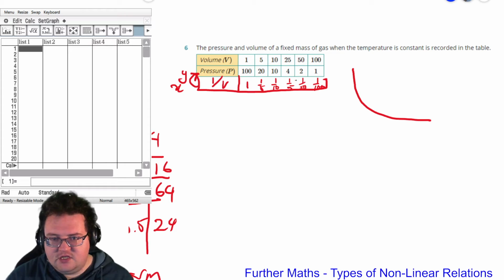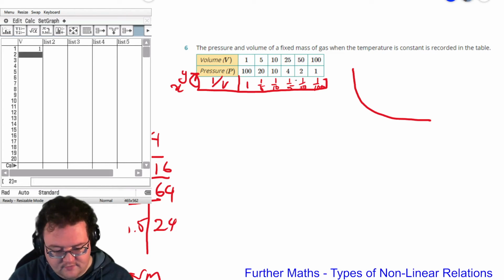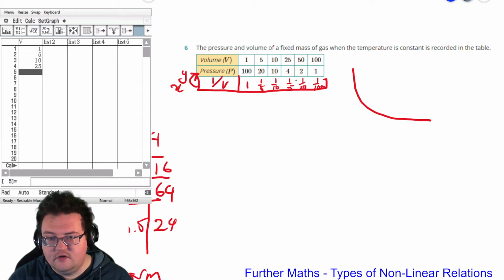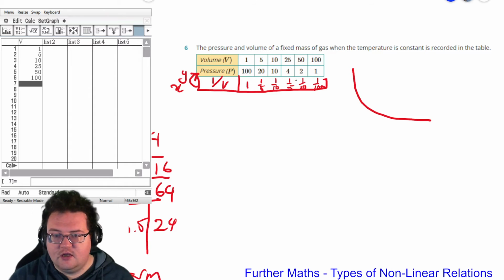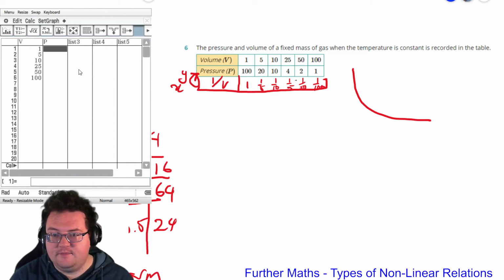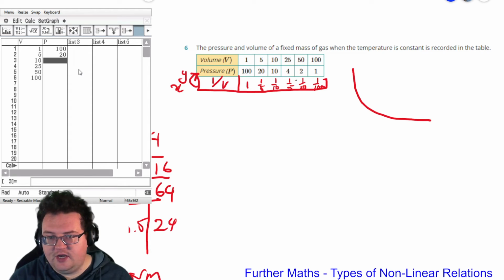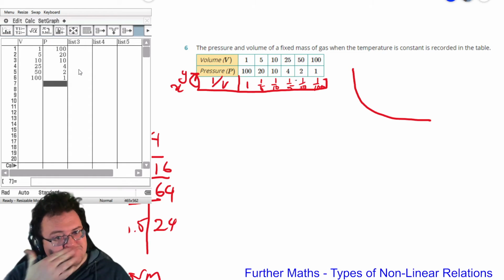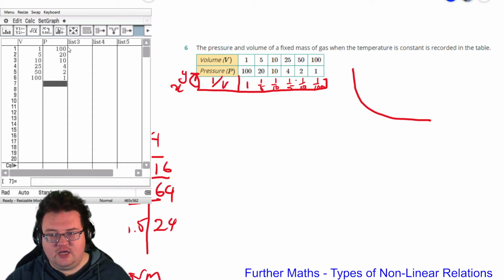So this up here is going to be V: 1, 5, 10, 25, 50, and 100, and over here, I'm going to put in P: 100, 20, 10, 4, 2, 1. Again, you've got to make sure that these V, P pairs are kept intact when you put it into your CAS.